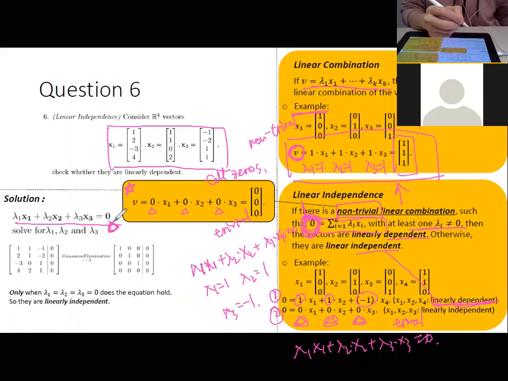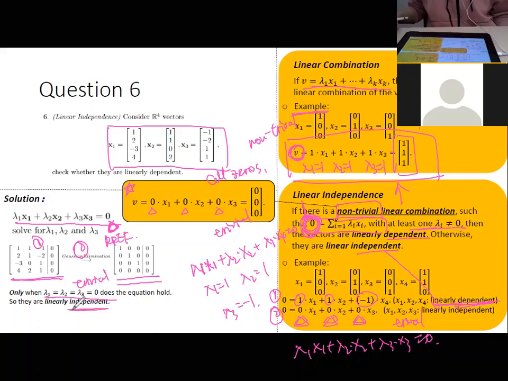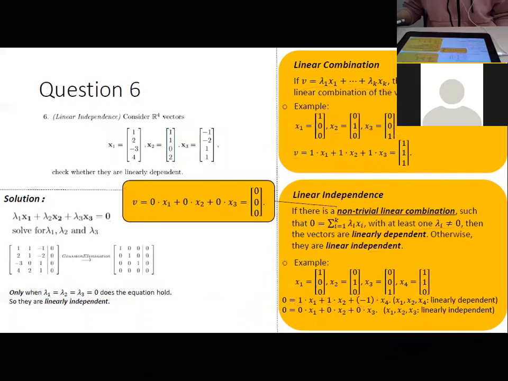As we have done before, first get the augmented matrix, and then do Gaussian elimination: exchange, multiplication, addition, and then get the RREF at the end. You can see, according to the RREF, the trivial solution is the only solution. So according to the definition, they are linearly independent. And that's all for question 6.